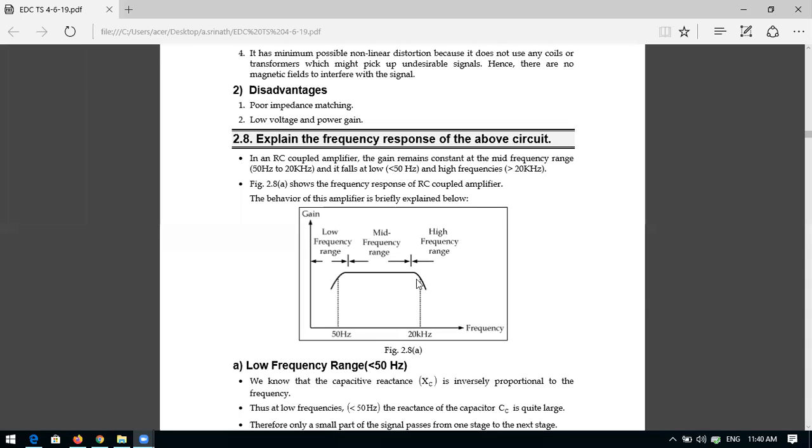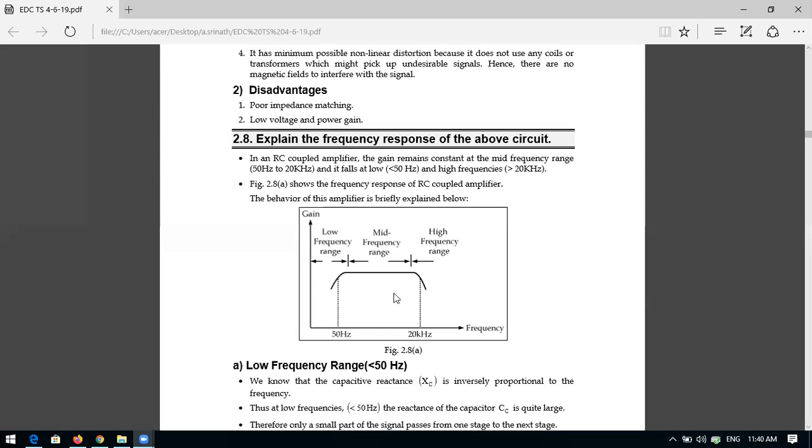Because the gain is constant. The gain falls below 50 Hz and above 20 kHz, so you should not use the RC coupled amplifier there, because the gain is reduced. In this frequency range the gain is constant, so you should operate in this region only. Why?